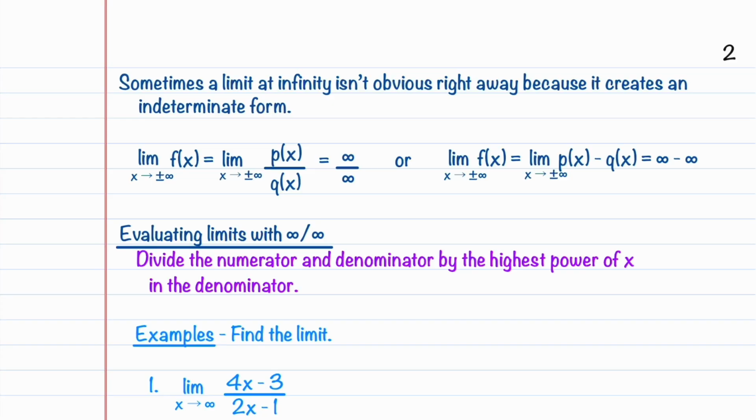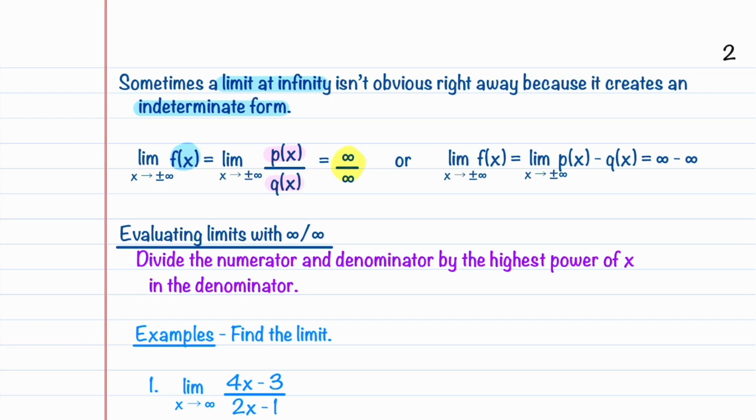When we evaluate a limit at infinity, sometimes it isn't obvious right away what that limit is equal to because it creates what's called an indeterminate form. One indeterminate form that arises from a limit at infinity is when a function f of x is a rational function defined as p of x divided by q of x. And when you plug in that x is going to plus or minus infinity, you get some type of infinity divided by infinity.